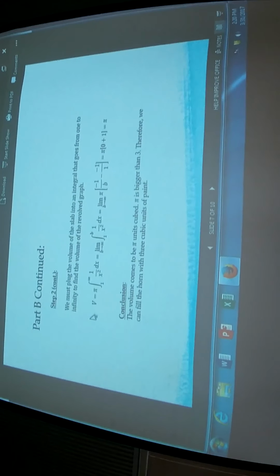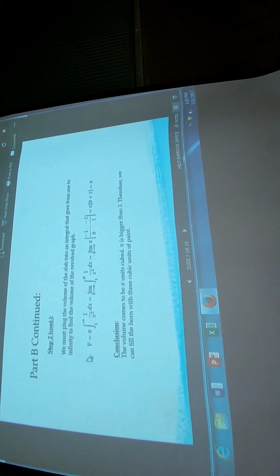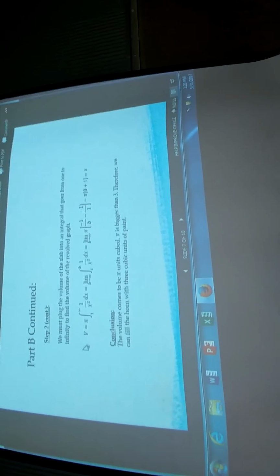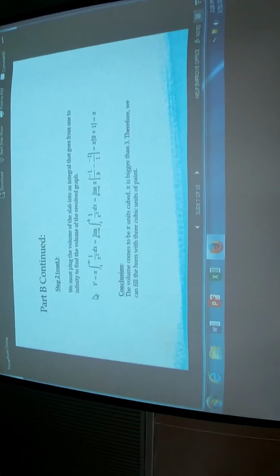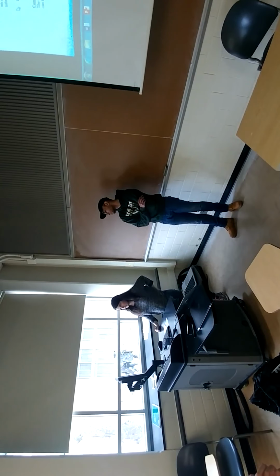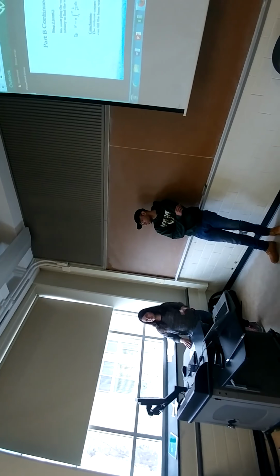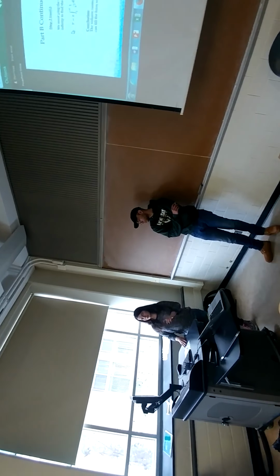of 1 over x squared dx, and next we take the antiderivative of 1 over x squared, which is negative 1 over x, and we take the limit as b goes to infinity of pi times 1 over b minus negative 1 over 1, which is simply pi times 0 plus 1, which is just pi.